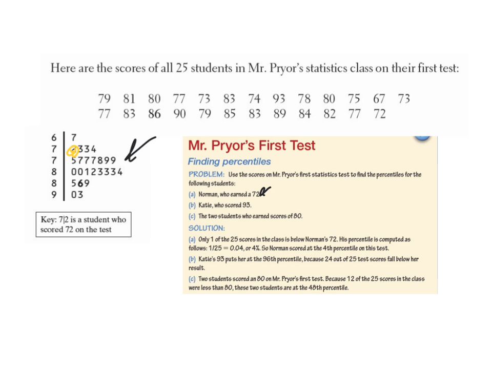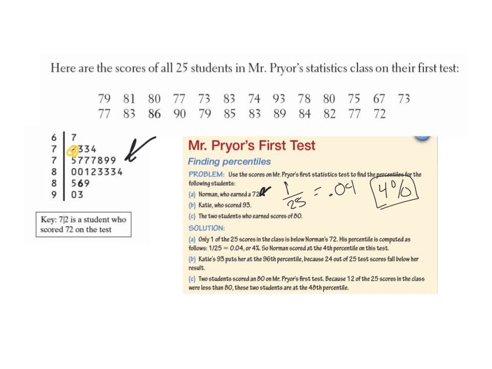So for Norman, that would be 1 out of 25 people. That ends up being 0.04 if you do it on the calculator, or 4%. So Norman would be in the 4th percentile. That's what we would say.